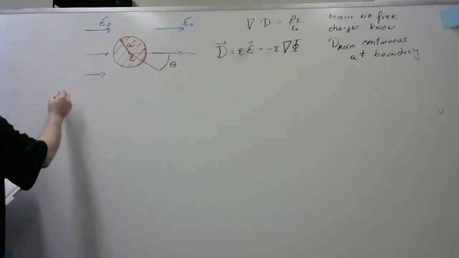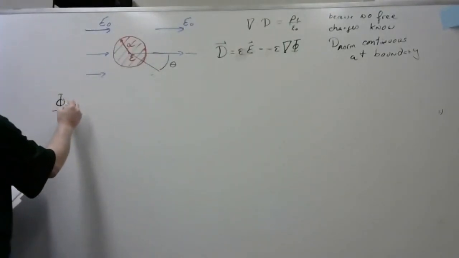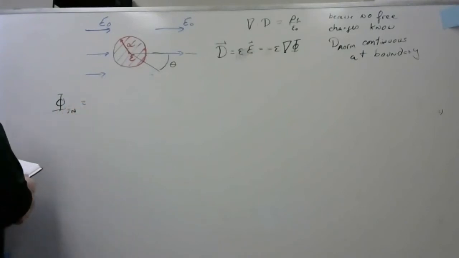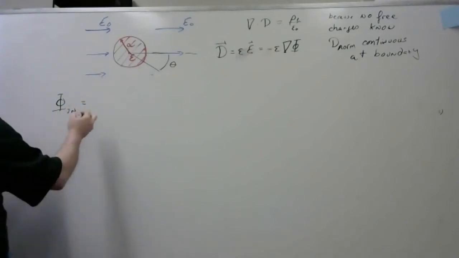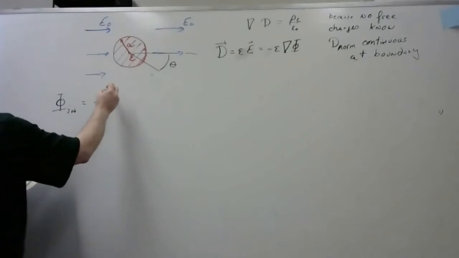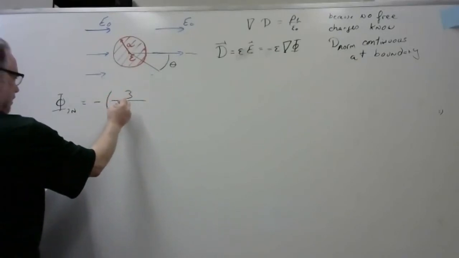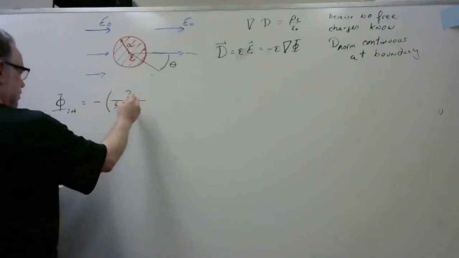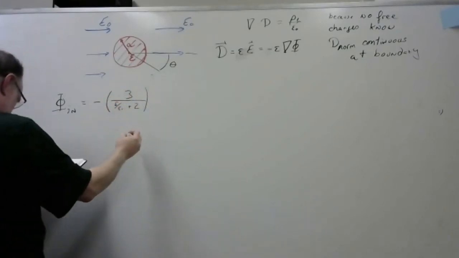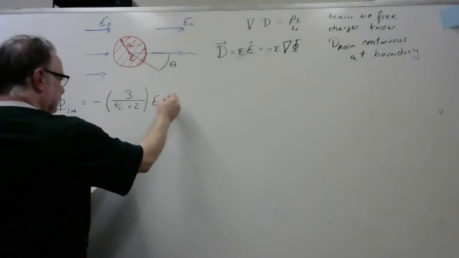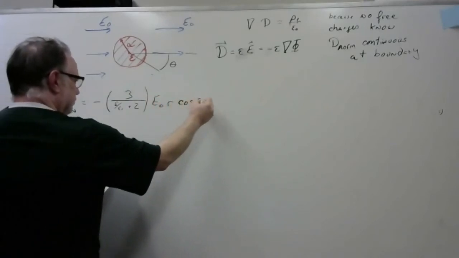we get the potential inside is equal to minus quantity 3 over epsilon over epsilon naught plus 2 times E naught r cos theta.